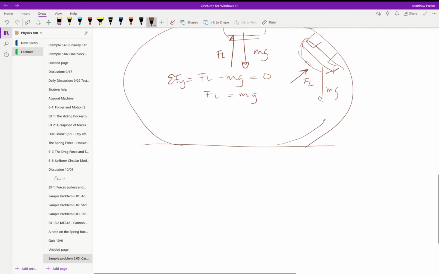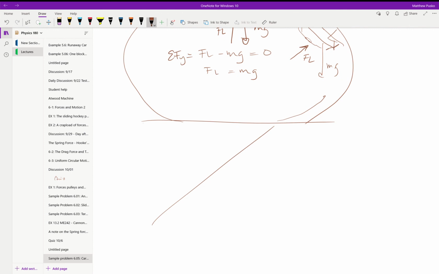Okay, the next problem I'm going to do has to do with a banked curve. So if we have a vehicle on a banked curve, how fast do we have to go around that curve? And we're going around it like this, into the page. How fast can we go around that curve at some angle theta in order to have no frictional force on the tires?